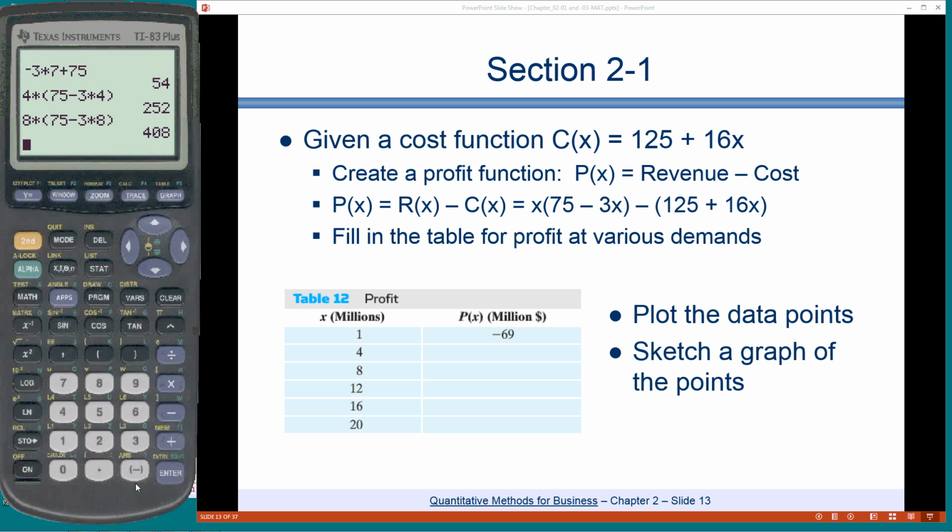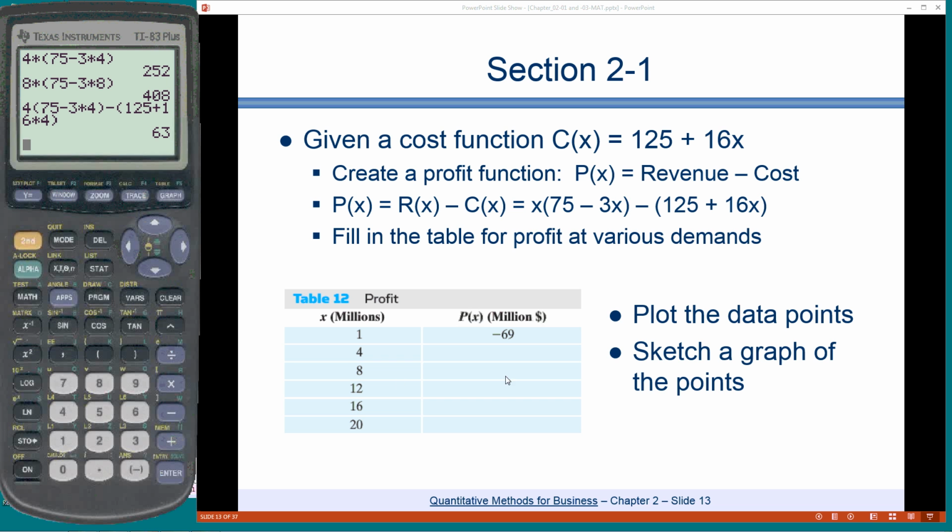And I take 4 times 75 minus 3 times 4 minus 125 plus 16 times 4, and that's plugging 4 in for X, a demand of 4 million units, into my profit equation. And it says my profit for a demand of 4 million units is $63 million.